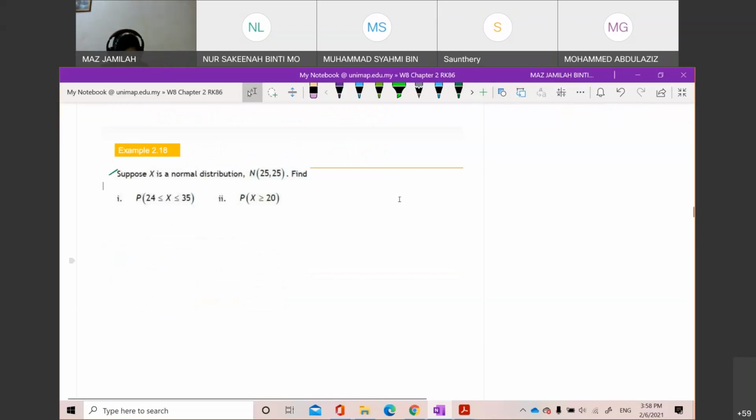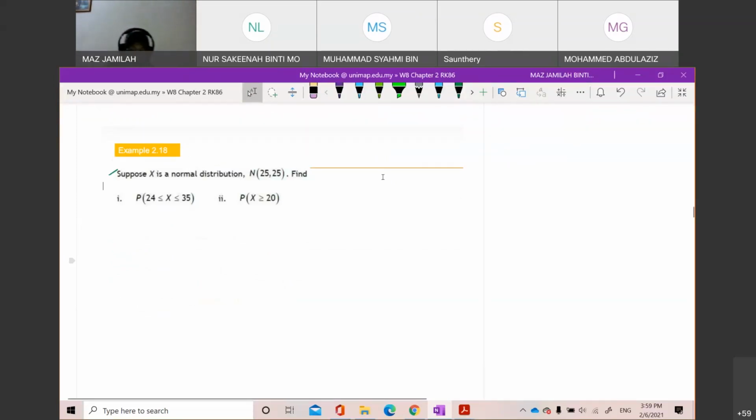Now, suppose X is a normal distribution with the mean and variance specified. Find the probability of X greater than or equal to 24 and less than or equal to 35.